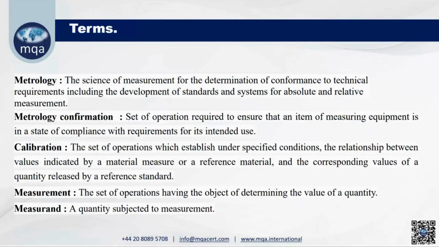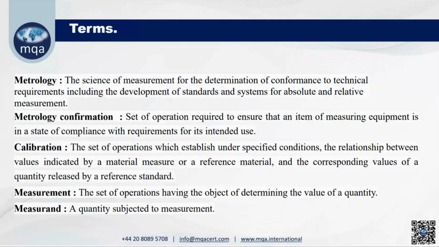Now when we talk about measurement, we need to understand certain things in measurement, which is very critical, right? Because measurement itself is a complete science, a complete subject, which we need to understand. So metrology means what? Metrology is the science of measurement.